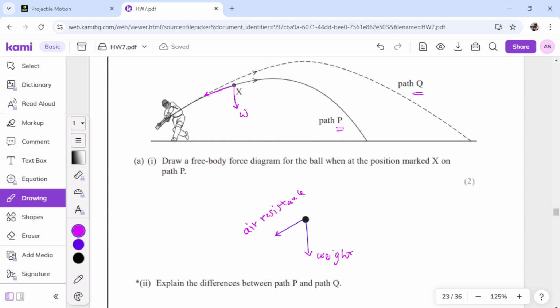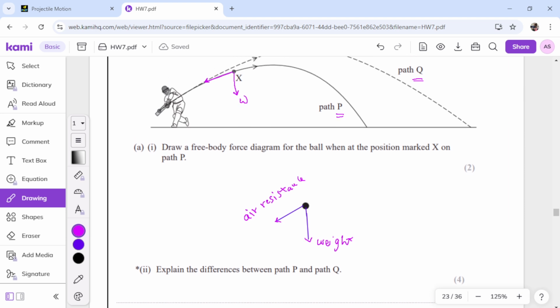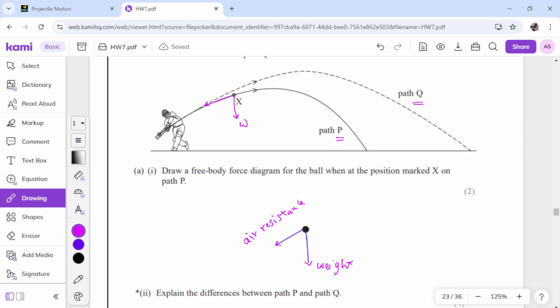Now explain the difference between path B and path Q. What is the difference between path B and path Q?